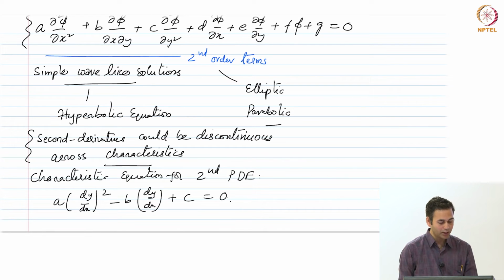If this equation has real roots, then we get a hyperbolic equation, because that will have two real characteristics through which the information propagates.